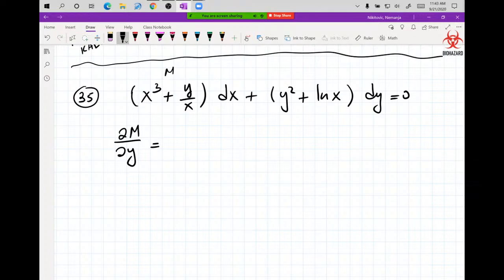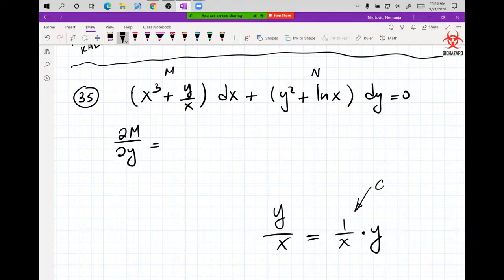This is your M. This is your N. Right? Alphabet, M goes before N. Good. So M with y and N with x. So partial derivative in respect to y. Okay, so this could be a little bit confusing, but please understand that y over x is equal to 1 over x times y.